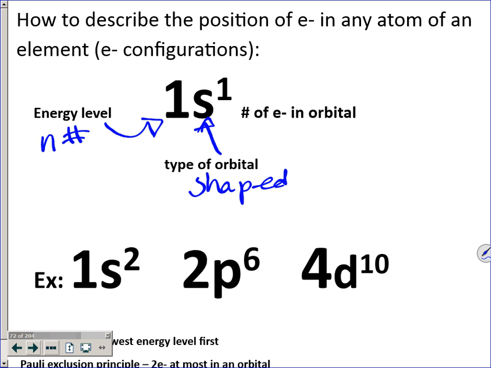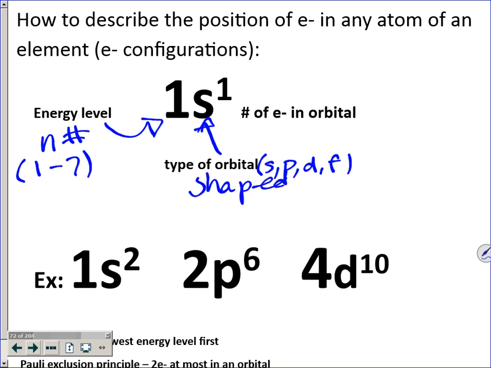What are the options for this one? What letters can go here? s, p, d, or f. What numbers can go here? 1 through, sorry, there's only 7. There's usually a maximum of 7 energy levels, and I'll tell you why in a second.